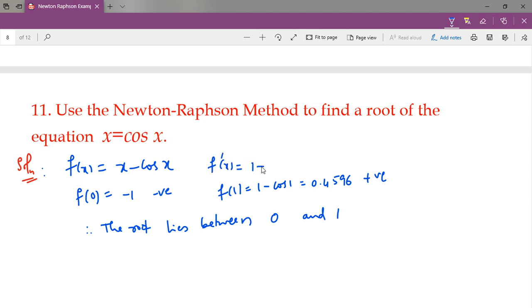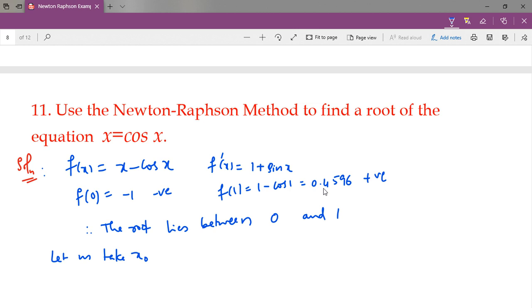So what is f dash of x? F dash of x is 1 minus, okay, cos x differentiation is minus sin x, so it is going to be 1 plus sin x, right? Now let us take x naught. We know that f of 1 is 0.45, which is close to 0.